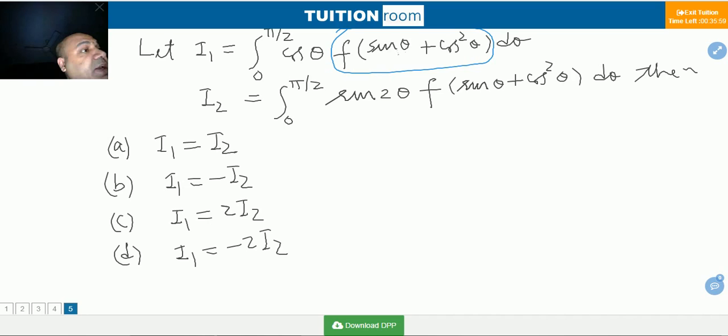This term is common in both. If we put sin theta plus cos square theta as t, we assume a single variable t.